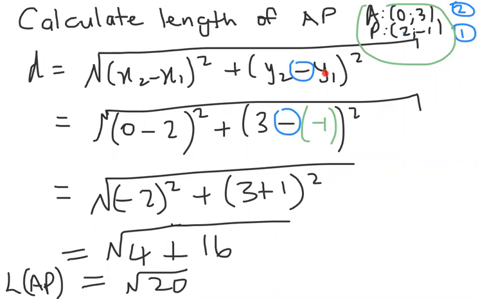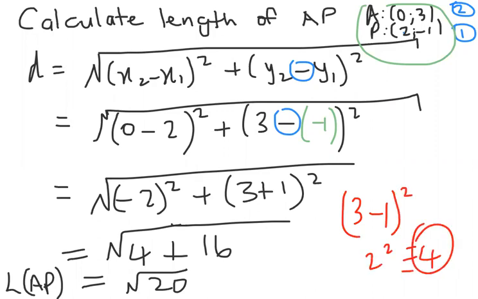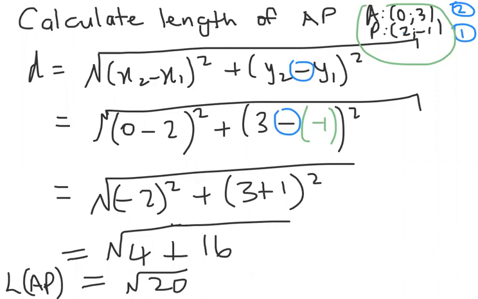And this is a matter of substituting it into the formula and just completing the sum like this. Again, I just want to highlight this part here is 3 minus minus 1. Because if you would have written 3 minus 1 and made that squared, it would have been 2 squared, which is 4, which is not the same as 16. So that is just what I want to highlight. Right, let's continue. So that's the length of AP.